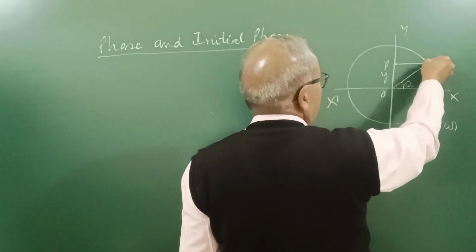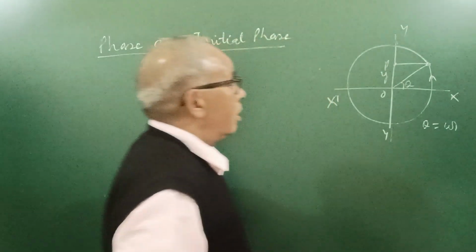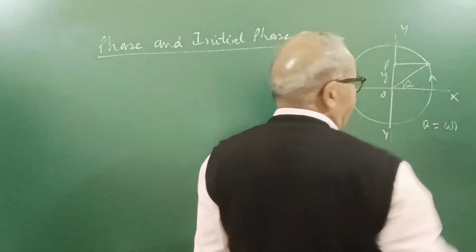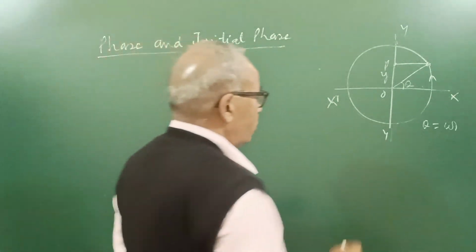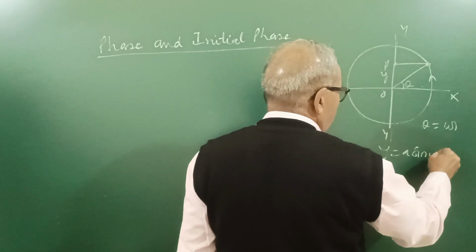Actually, I told you when a body moves on a circular path, the projection moves on a diameter. We can take the projection on the x-axis or any diameter. And the equation is like this: y equal to a sine omega t.